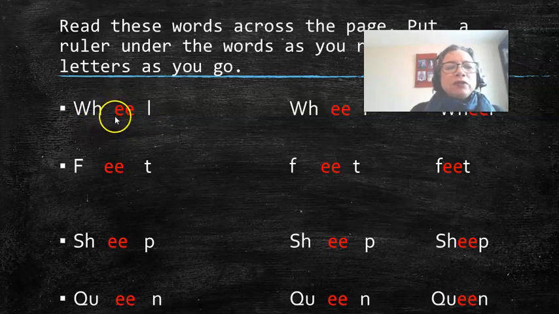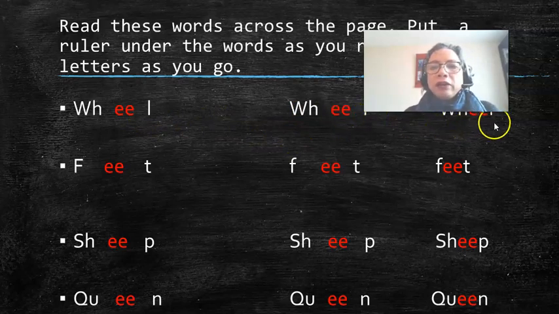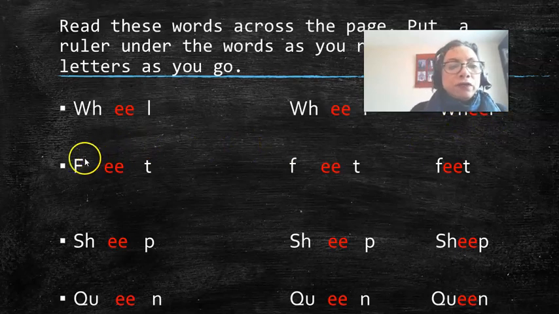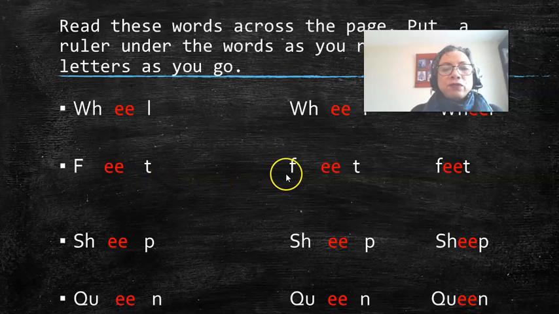So if you have this, you say "ee, l," and then you say wheel. Then "ee, t," and that is feet.